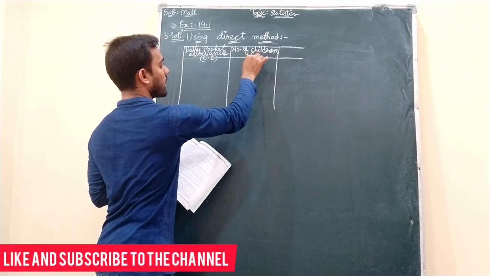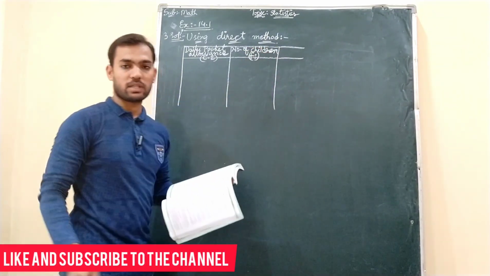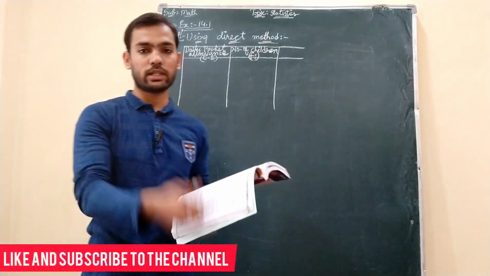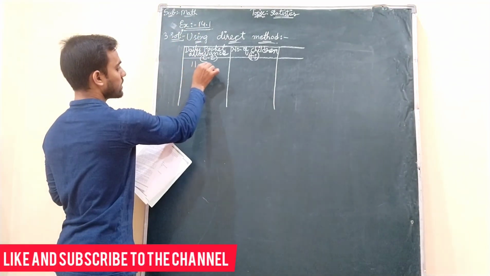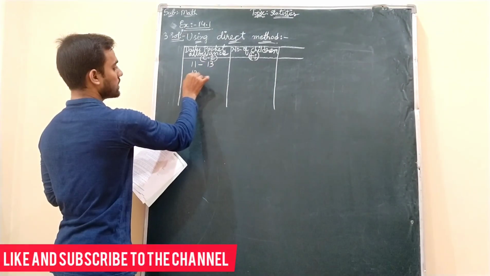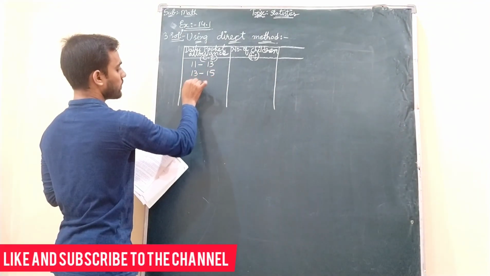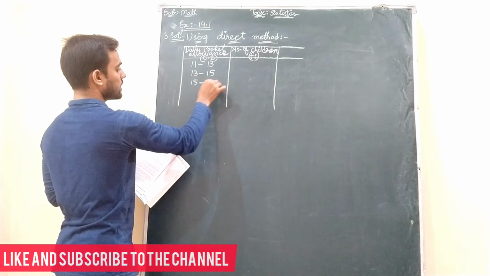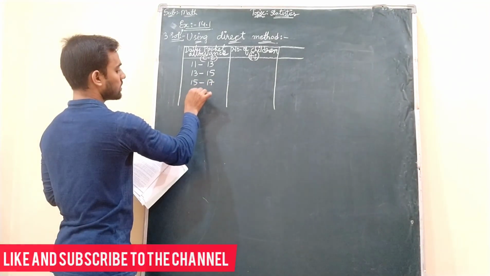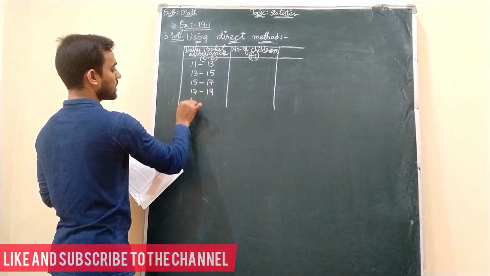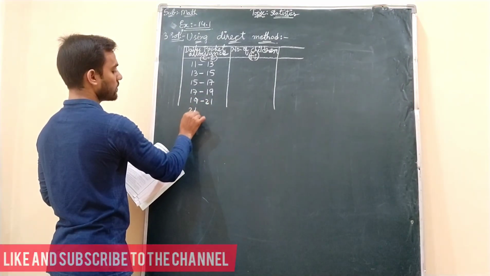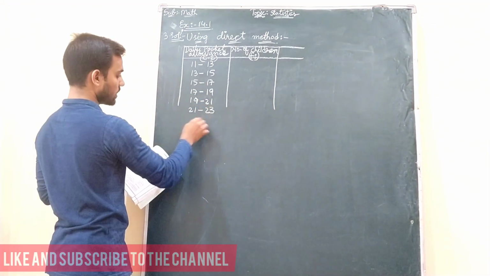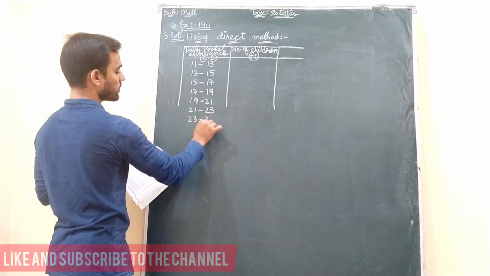This will be F1, meaning frequency. So class interval and frequency are given. So let us write the class intervals and frequencies: 11 to 13, 13 to 15, 15 to 17, 17 to 19, 19 to 21, 21 to 23, 23 to 25.